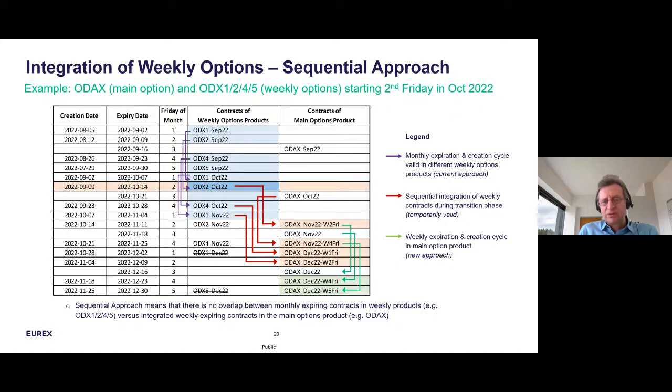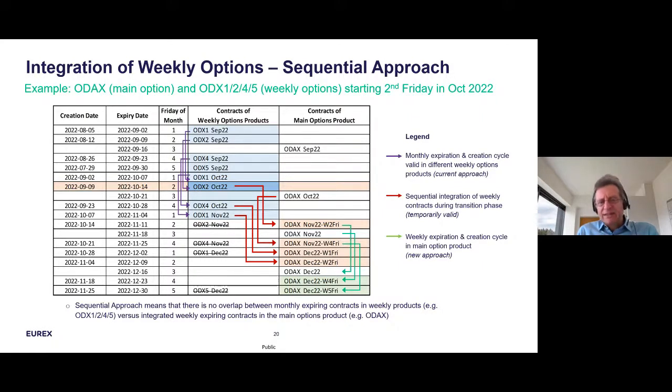The most striking feature here is that this is summarized in the main option product, the usual option on DAX, ODAX. So the product symbol ODAX is different from the product symbol mentioned before, ODX2. These contracts, the second Friday expiring contracts, are now integrated here in the main option product, in the option on DAX.